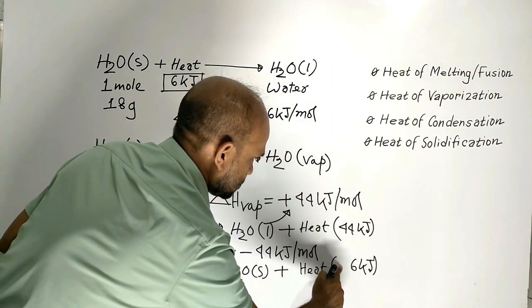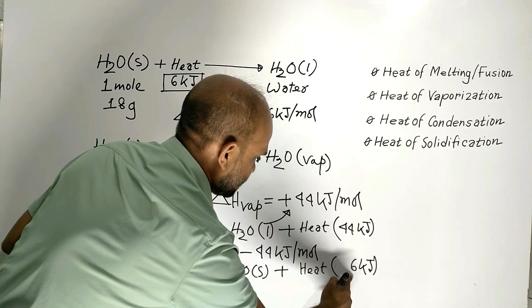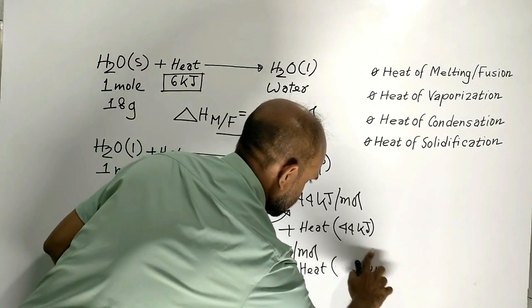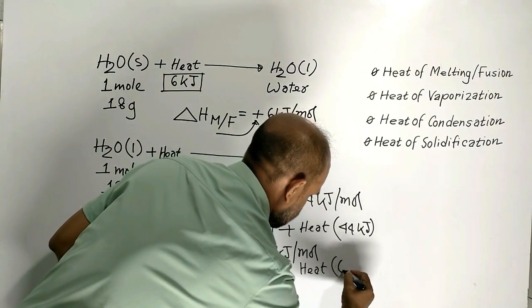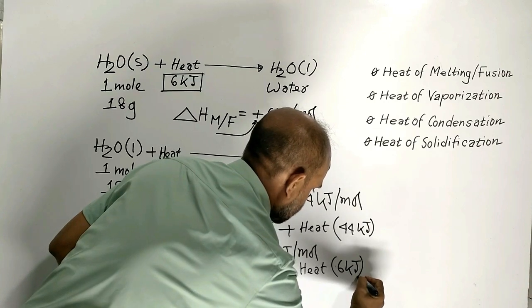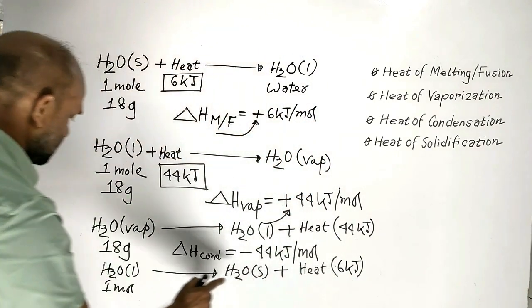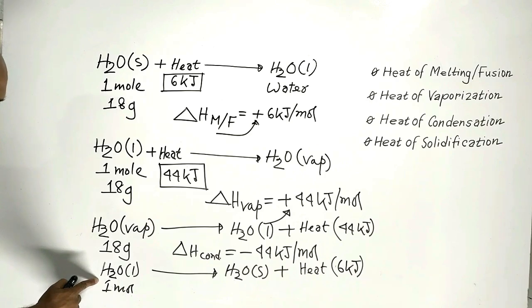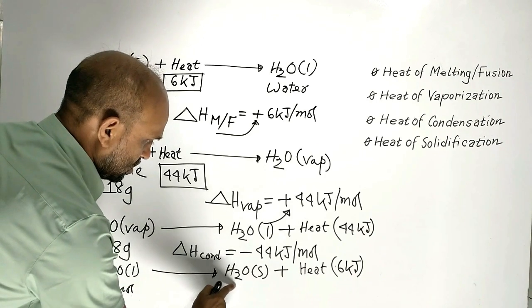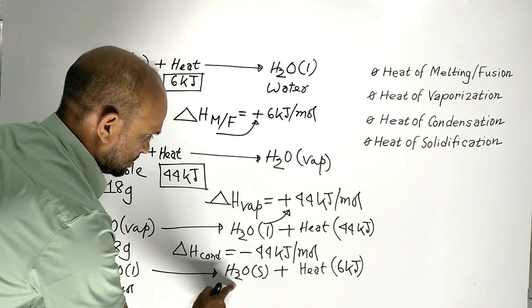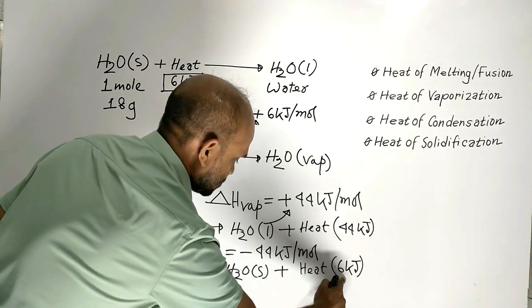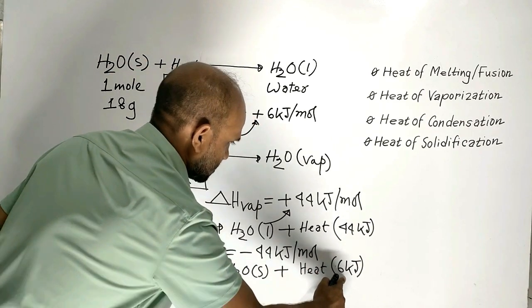This heat is known as heat of solidification. So the amount of heat released when 1 mole liquid substance is converted to 1 mole solid substance, that heat is known as heat of solidification.